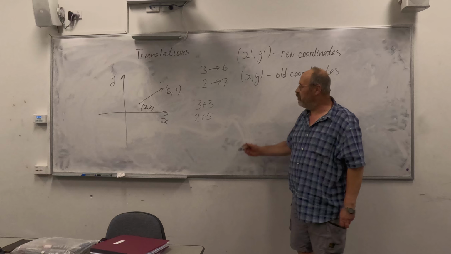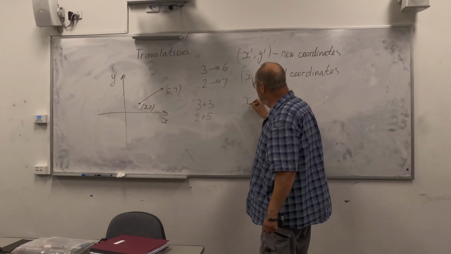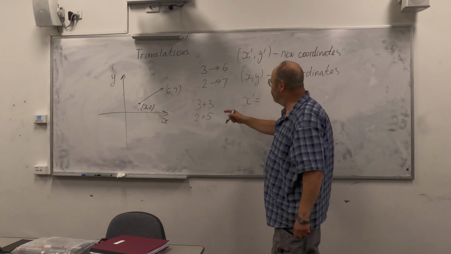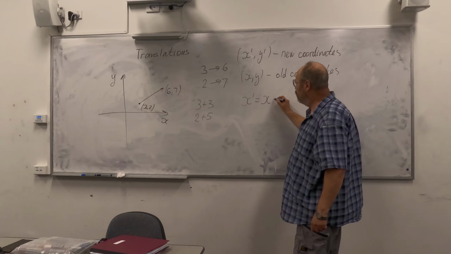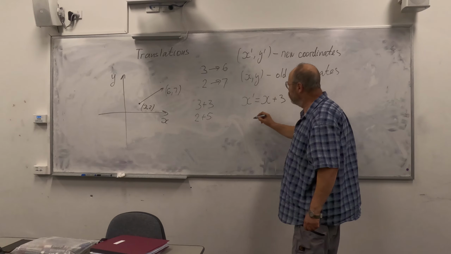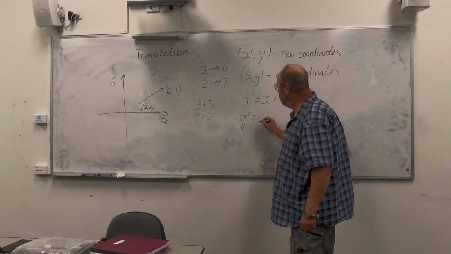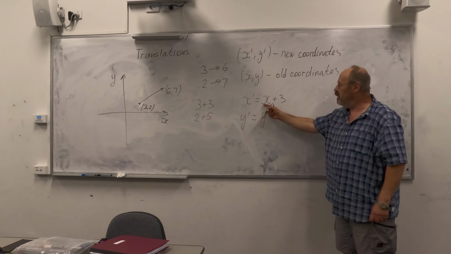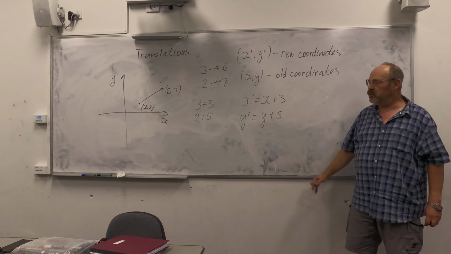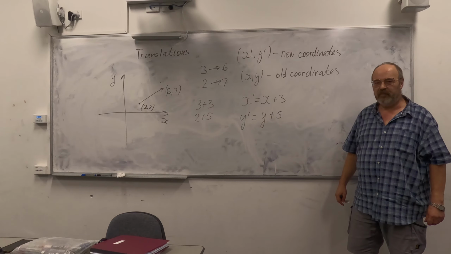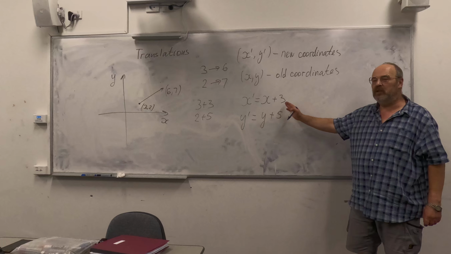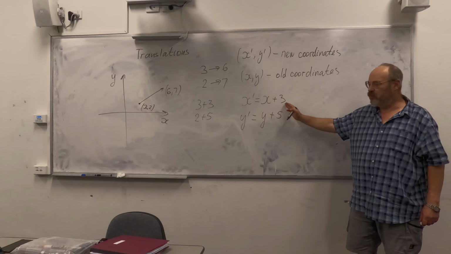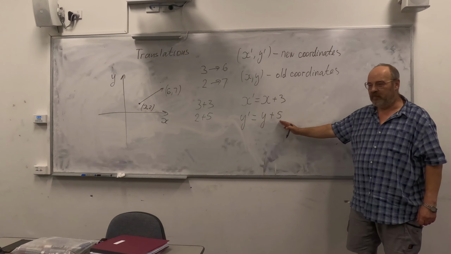So how do we get x dash from x? x dash equals x plus 3, and y dash equals y plus 5. So that is a horizontal translation, and this is a vertical translation. We translated the point 3 to the right and 5 up.